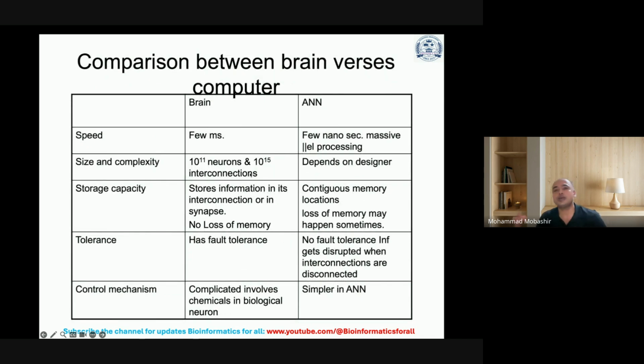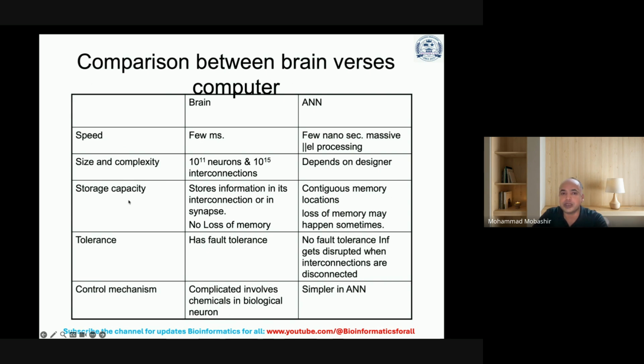Now, what is the difference between the human brain and the normal computer brain, that is, ANN? The speed for the human brain is a few milliseconds, but in ANN it is nanoseconds, and massive parallel processing exists. Size and complexity is something like 10 to the 11 neurons and 10 to the 15 interconnections, while in ANN it will depend on the designer and the system you are going to use.